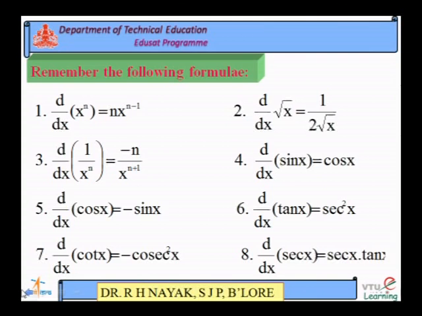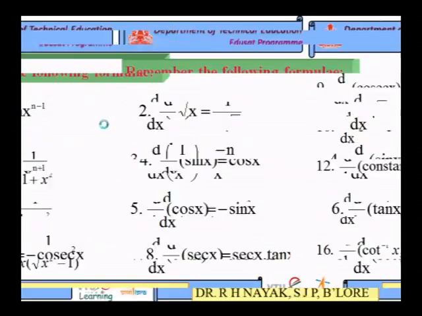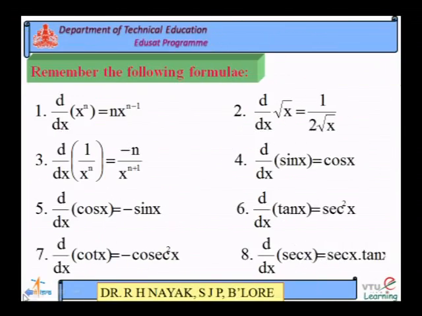Differentiation of x to the power of n is n into x to the power of n minus 1. Differentiation of 1 by x to the power of n can be taken as minus n divided by x to the power of n plus 1. Differentiation of root x is 1 by 2 root x.